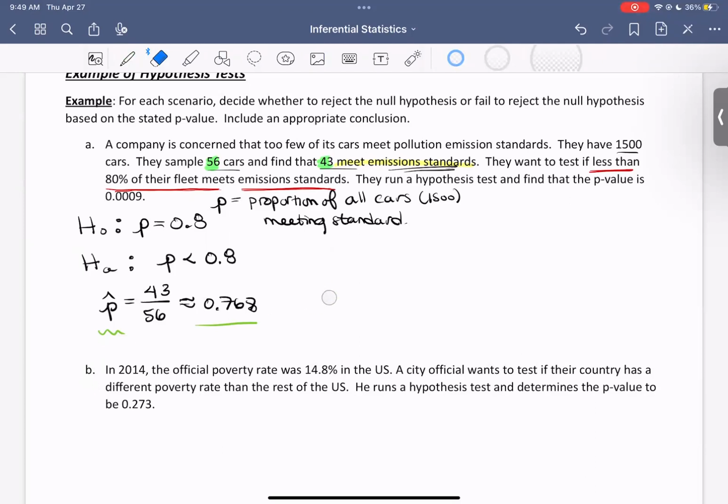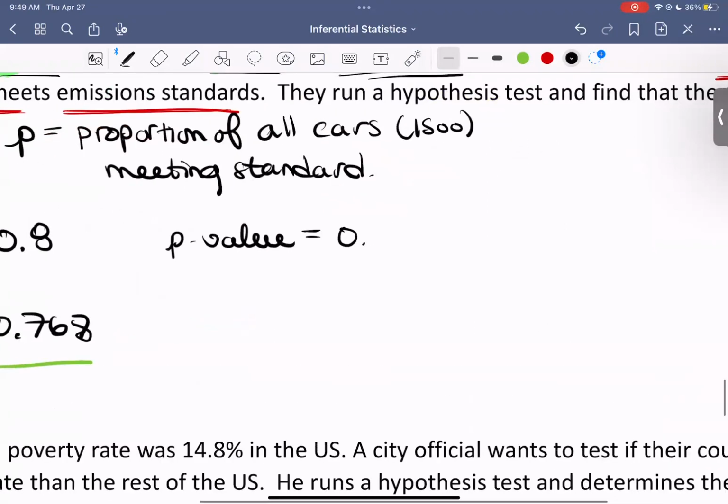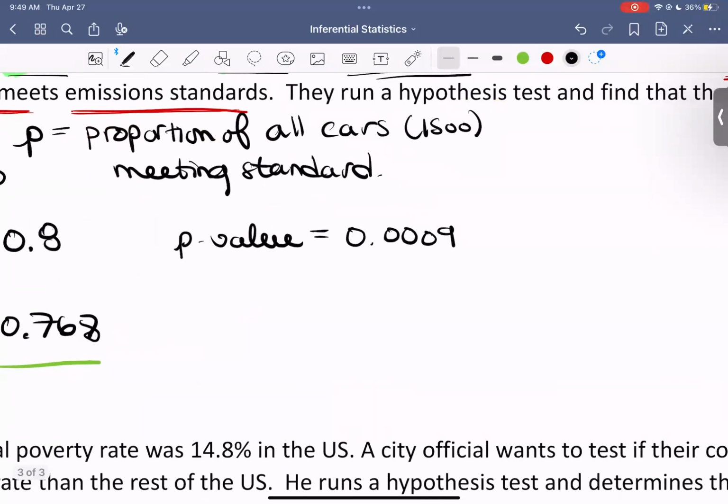So we've taken this sample data, and from that sample data, we have computed a p-value. Well, they've done it for us. They found that p-value to be 0.0009. In other words, as a percentage, move that decimal place over twice, 0.09%.